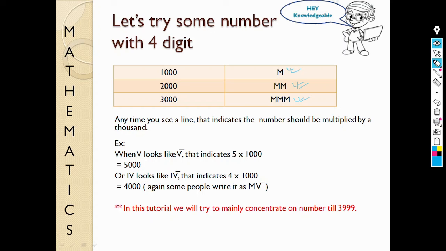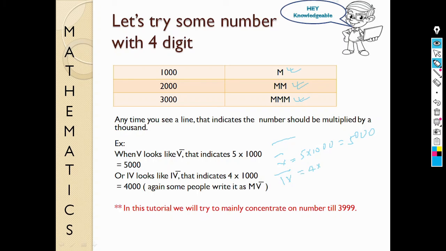In the Roman system, if you put a bar over a certain numeral, then it is considered to be multiplied by 1000. So if we have V, that is 5, and put a bar over it, that becomes 5 into 1000, so that is 5000. Similarly, if you have to write 4000, you will have to write 4 and, on top of that, put a bar.